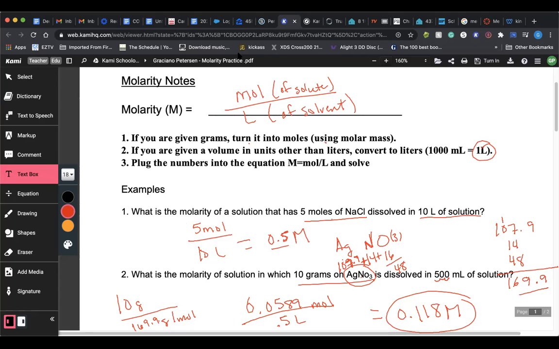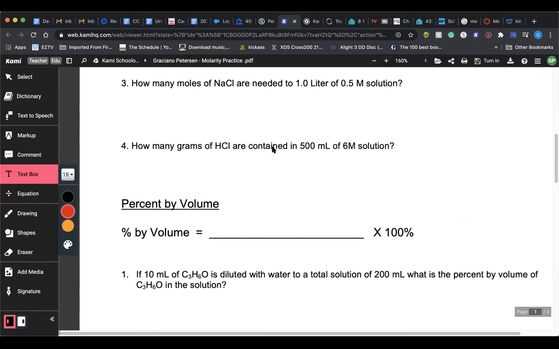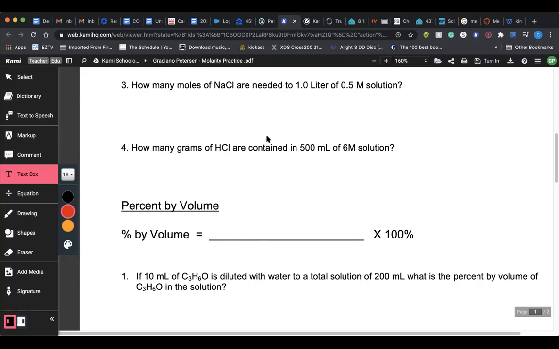All right, I'm going to clear this. Move this up. All right, and so for number 3, I'm going to let you work through this one for me. What do I do here? How many moles of sodium chloride are needed for 1 liter of a 0.5 molar solution?